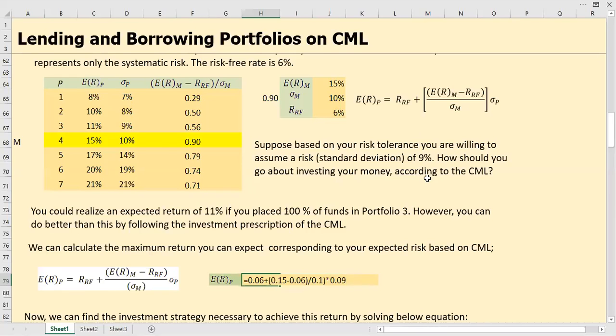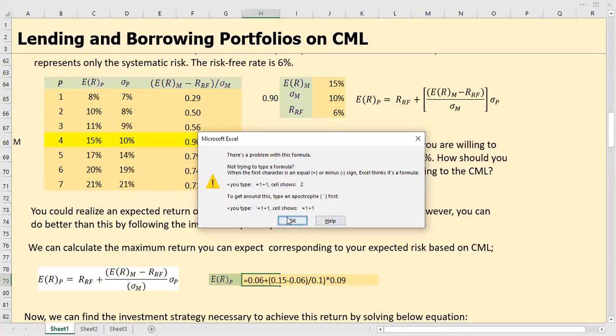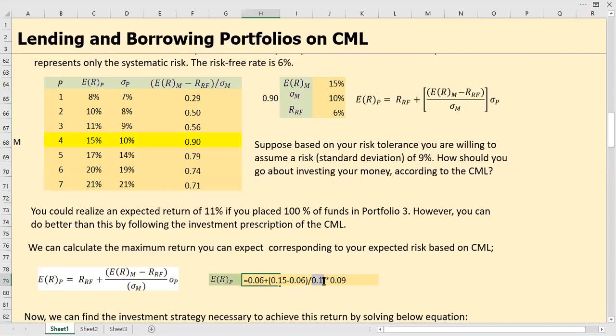Now, if I hit the enter button, you get 14.1%. 14.1% as the expected maximum return that you can earn from the capital market line.